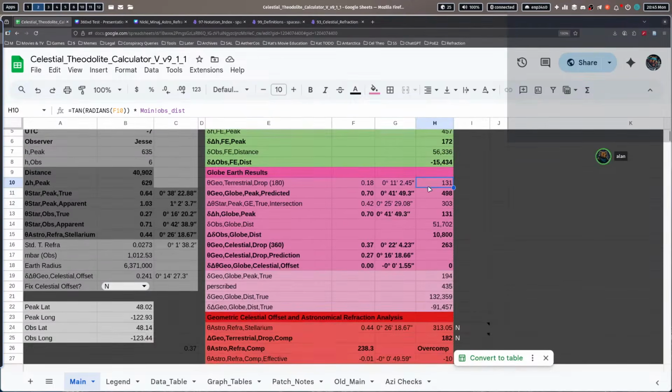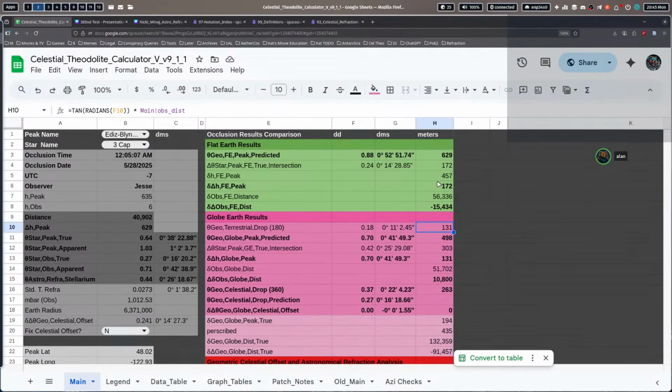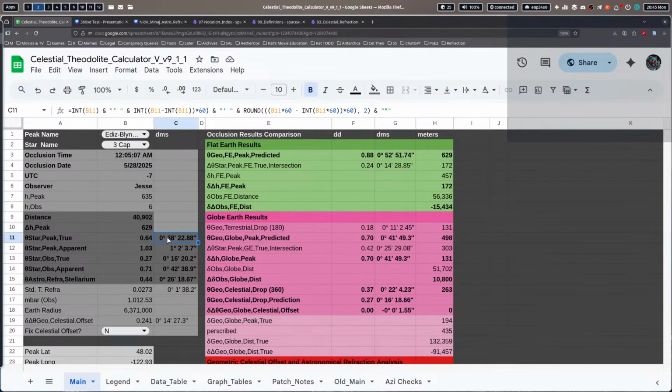And let's see here. When we derive elevations and distances based off of occlusion time with respect to the peak, we see that the peak's true position was at 38 arc minutes at the time of occlusion. And that gives, let's see, the globe ended up being off by their drop over distance, of course.